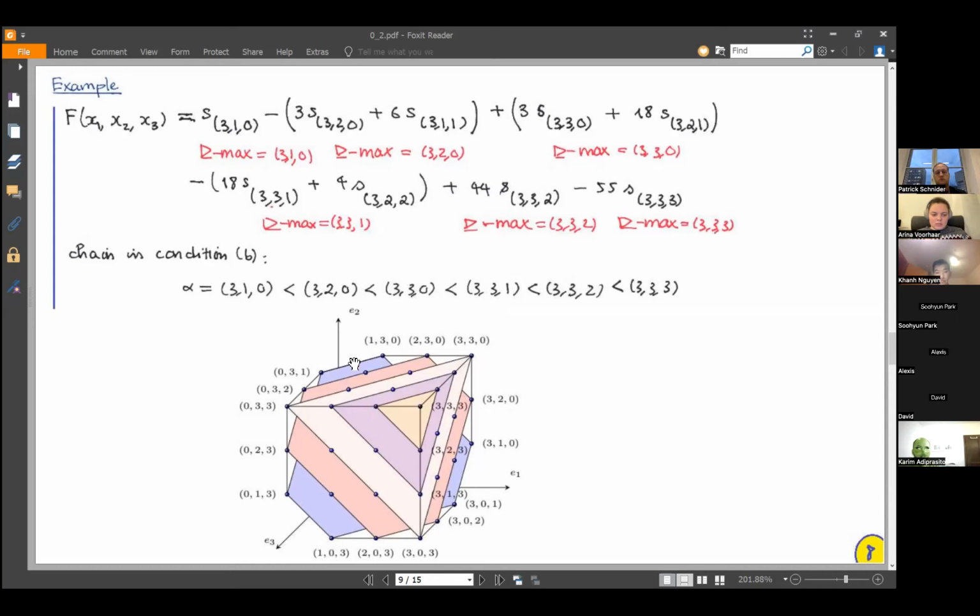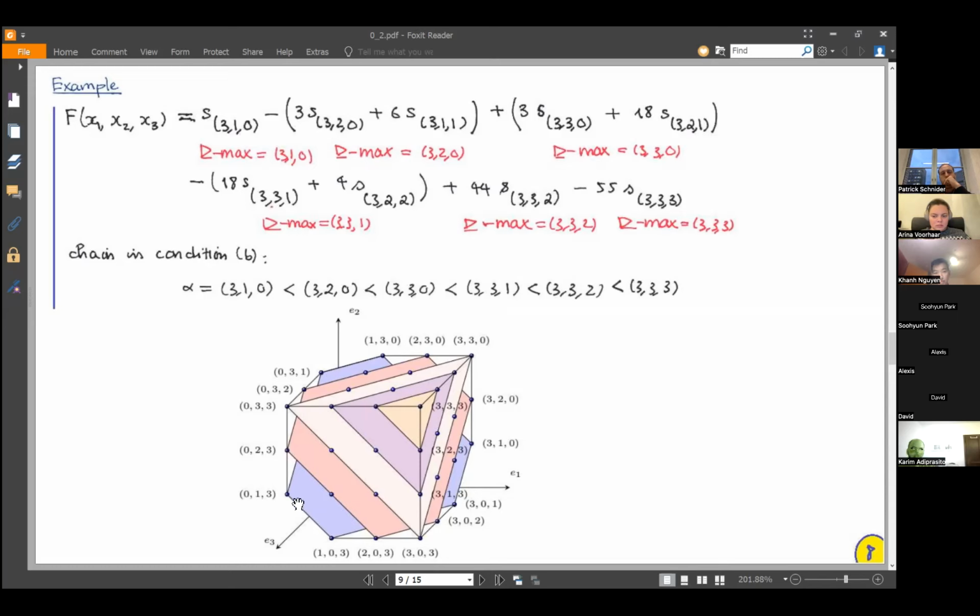And you see the picture here is a Newton polytope of F. So you have six polygons colored by six different colors. For example, when I choose (3, 1, 0), the Newton polytope of S310 is a blue hexagon, and the Newton polytope of the second bracket here is the red hexagon.